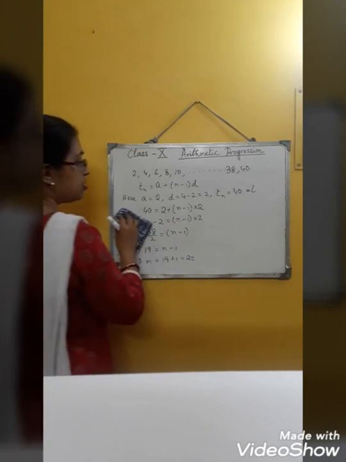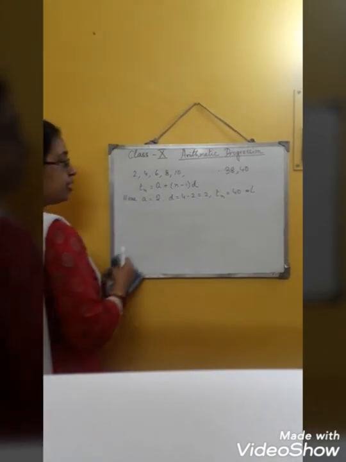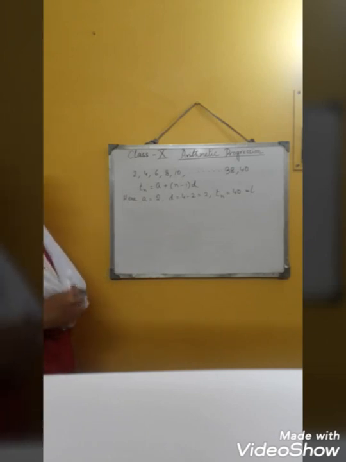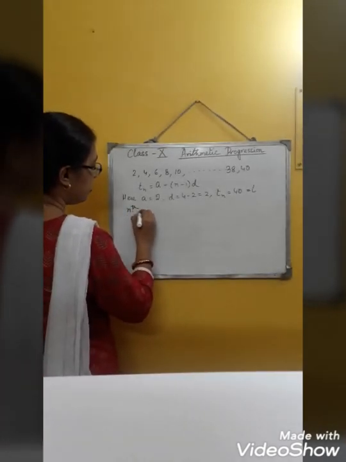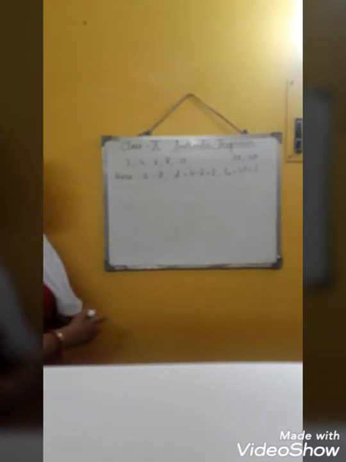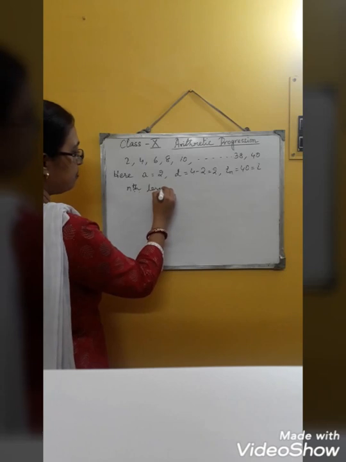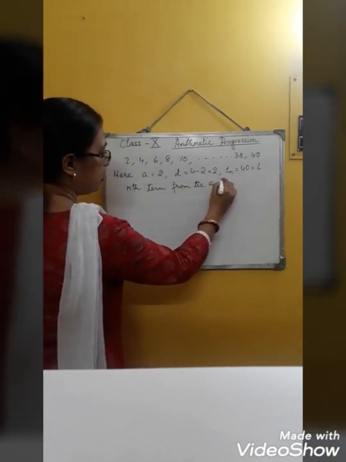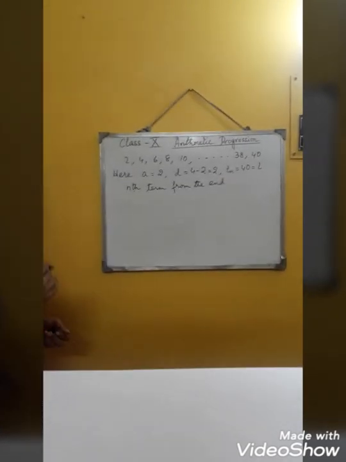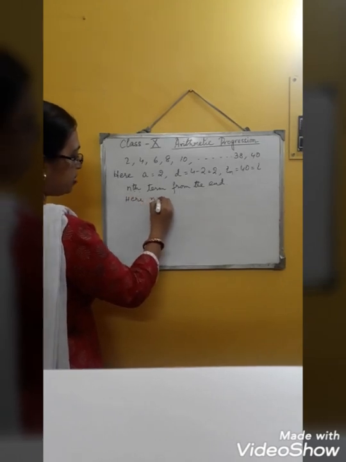Now my question is, find the fifth term from the end. That is, find the nth term from the end, the fifth term from the end. So here n is equal to 5.